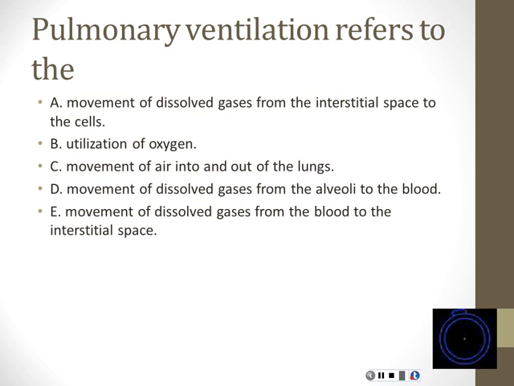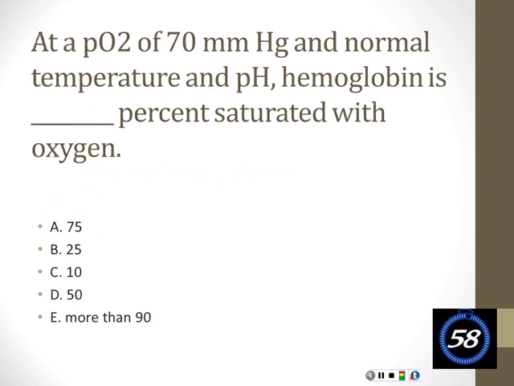All right. At a PO2 of 70 and normal temperature and pH, hemoglobin is what % saturated? Right? So that's that saturation curve. It looks like this. And over here, this is a PO2 of 100. And this right here is about a PO2 of 40.